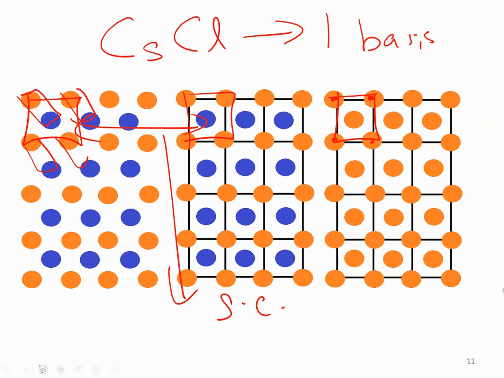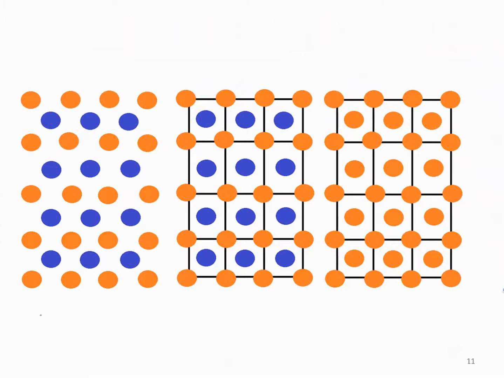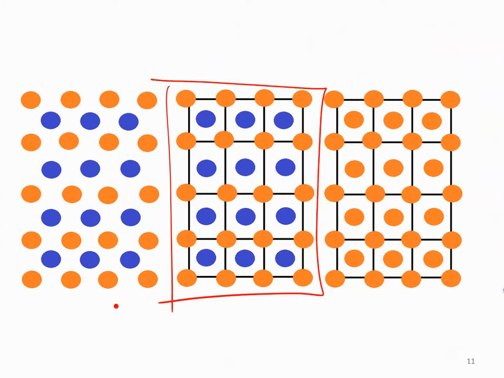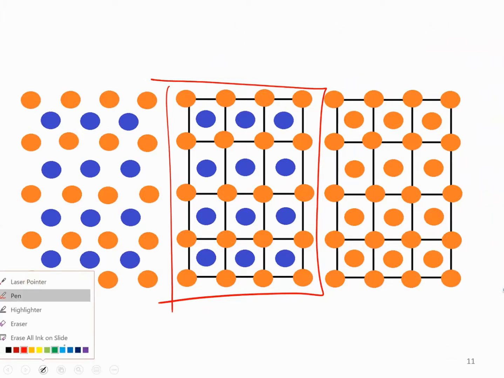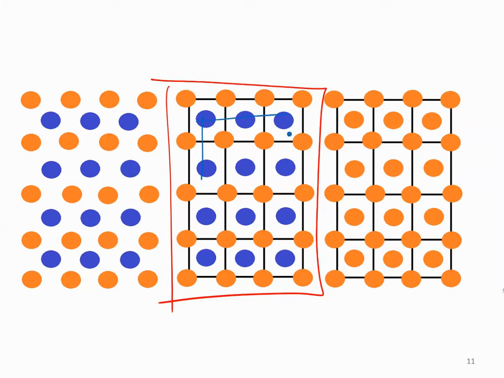Same thing applies to the 2D. So this is the unit cell that I drew. But if you don't like it, you can also link all the blue atoms. And now you see the corner of the blue atom becomes the center of the orange unit cell.